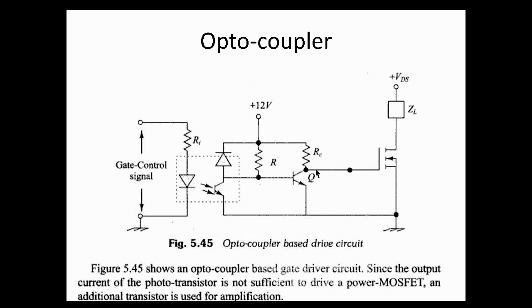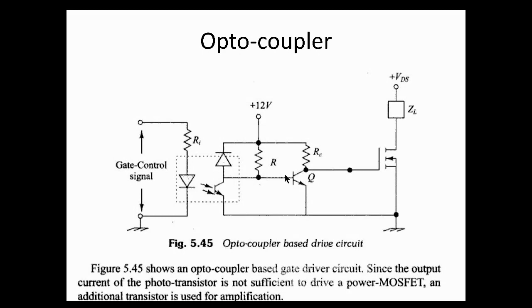When the opto isolator comes on, sir, it should be enough to turn on the MOSFET. All right, all right. Let's say the opto isolator is off. What is happening? This is off. No light is shining onto this. What do you have?